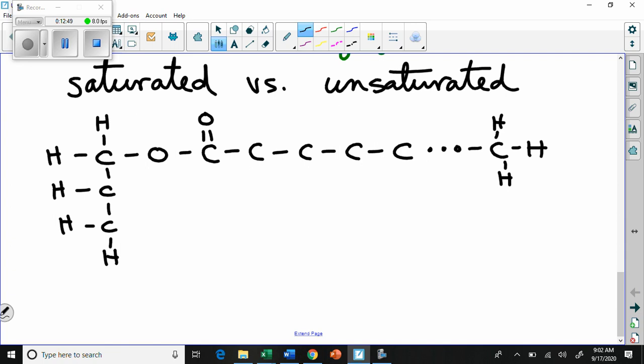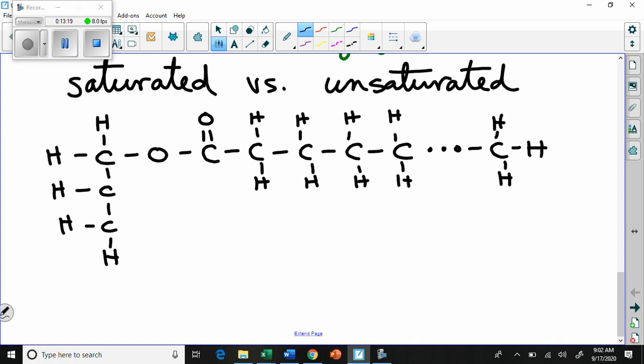Okay. Now, typically, these other carbons in the chain are all surrounded by hydrogens, right? So that means that each carbon is sharing with hydrogens like this. And so what that basically means is this chain has the most amount of hydrogens you possibly could get.